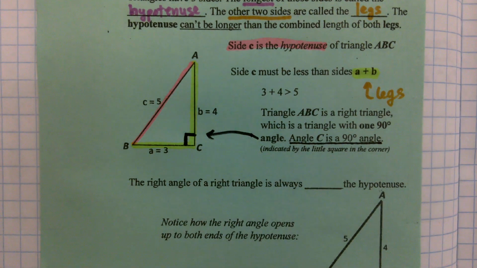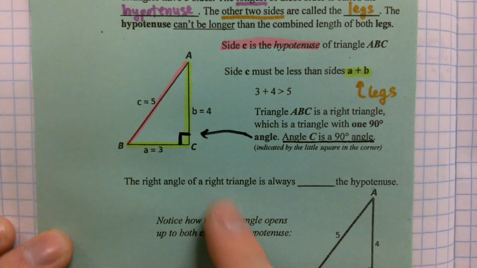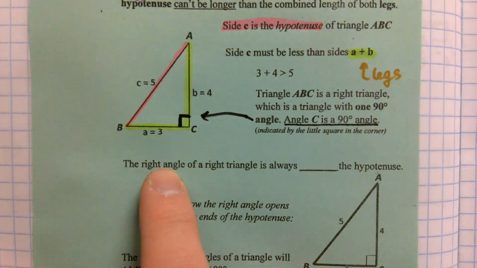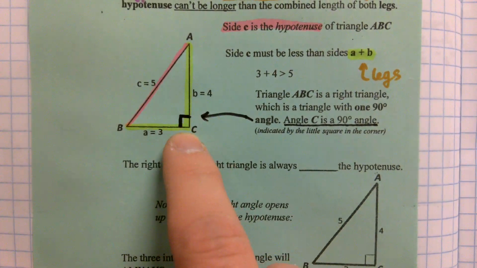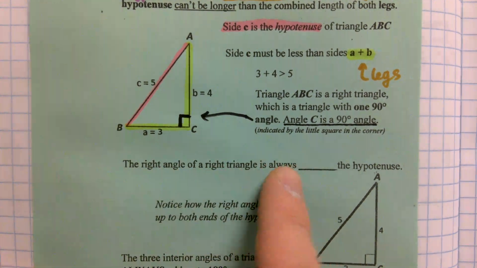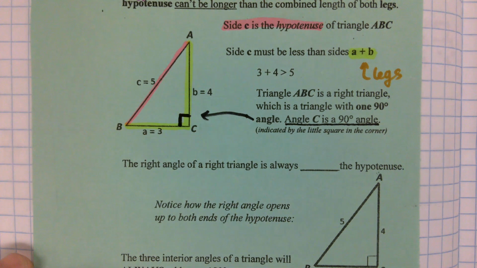Now, something interesting that we need to know about right triangles is that the right angle, this little box here, the right angle of a right triangle is always, what color am I using? Pink?